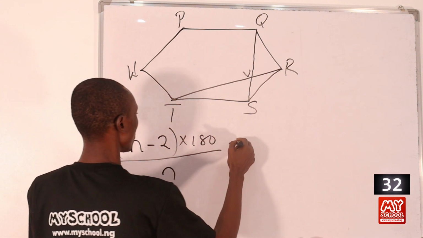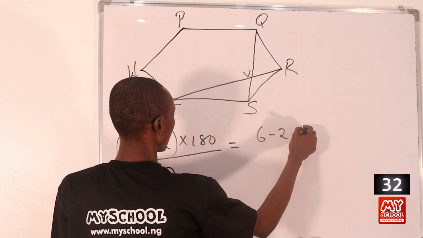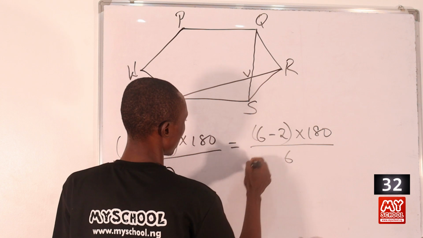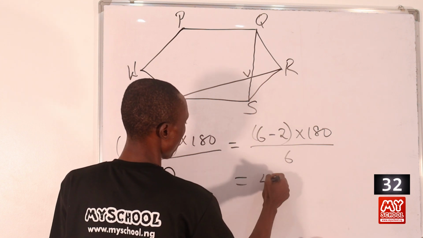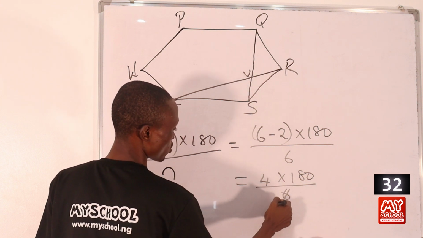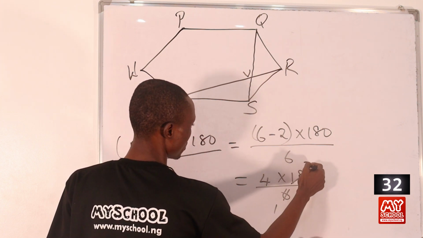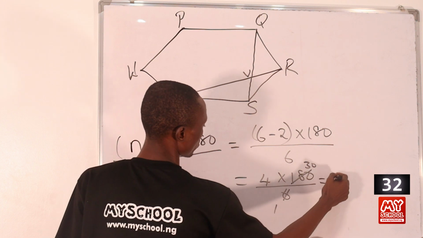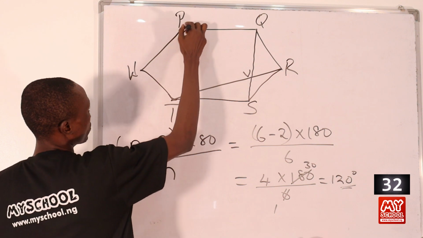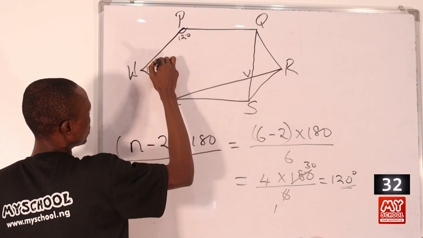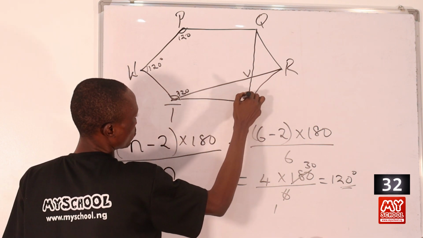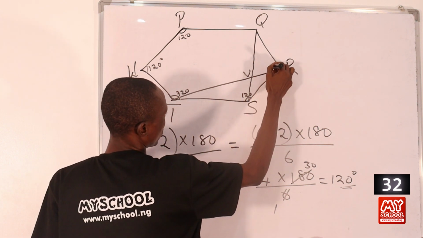So we have 6 minus 2 times 180 all over 6, which is 4 times 180 divided by 6. Six into 6 is 1 and six into 180 is 30, so 4 times 30 is 120 degrees. So each of the angles here is 120 degrees.